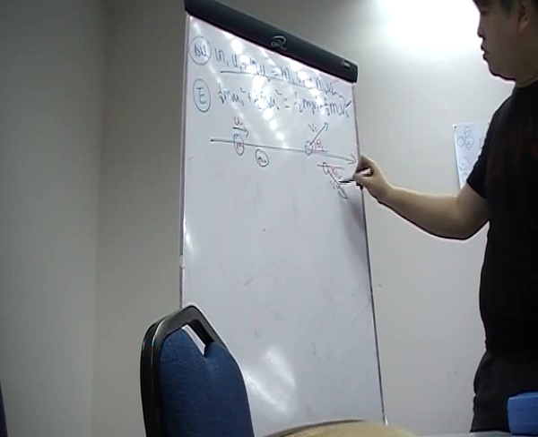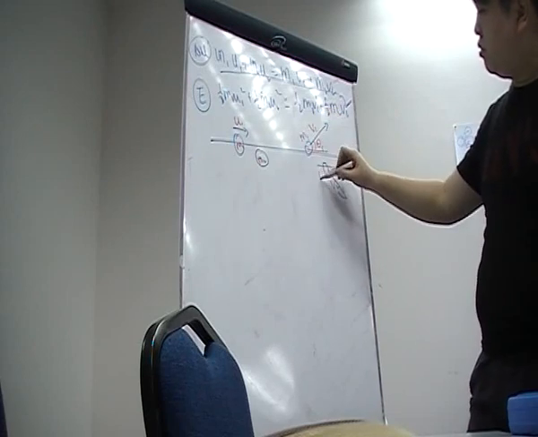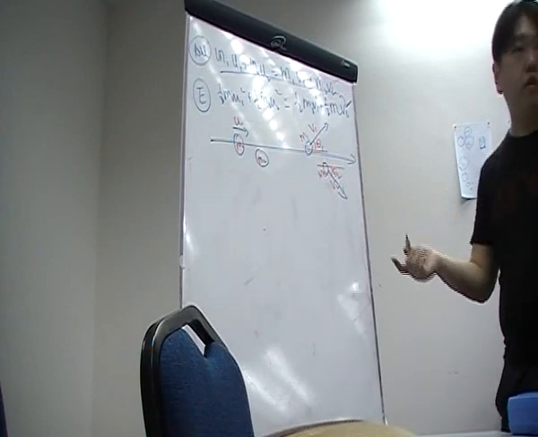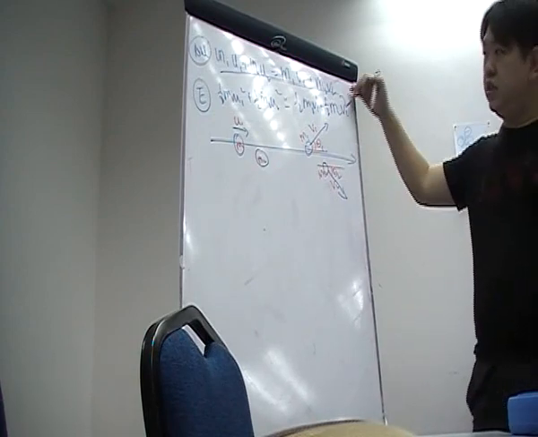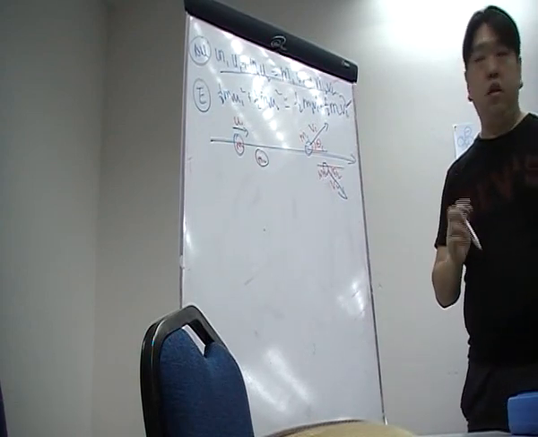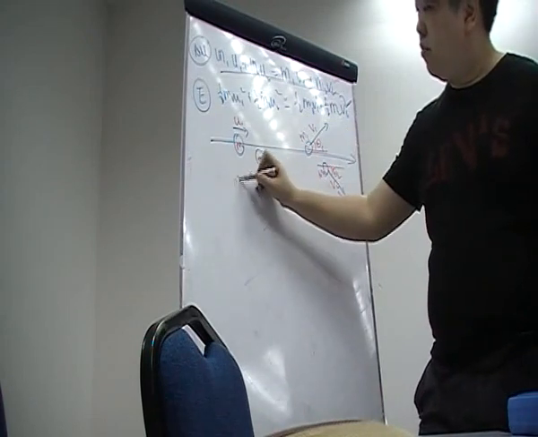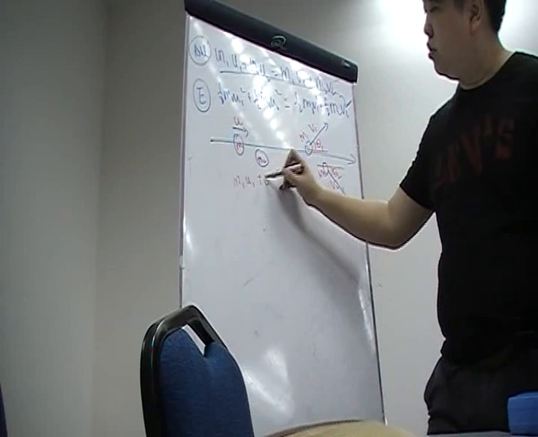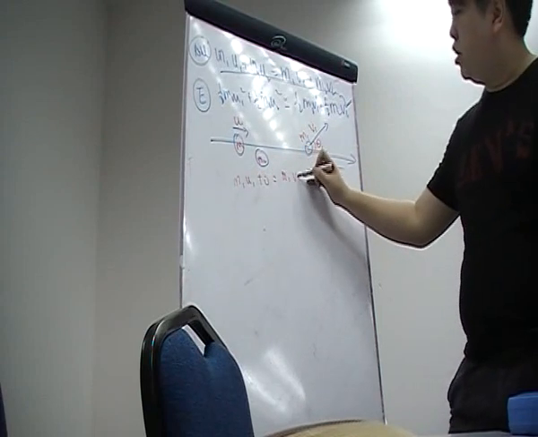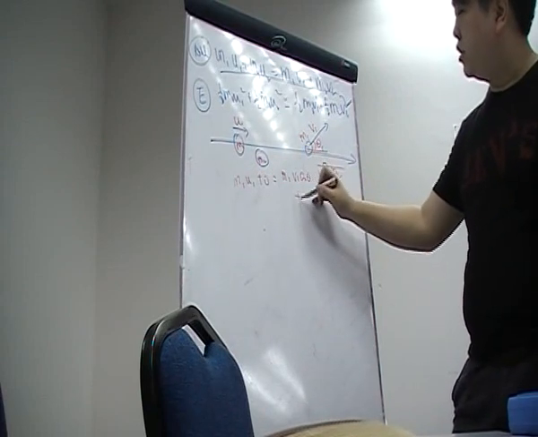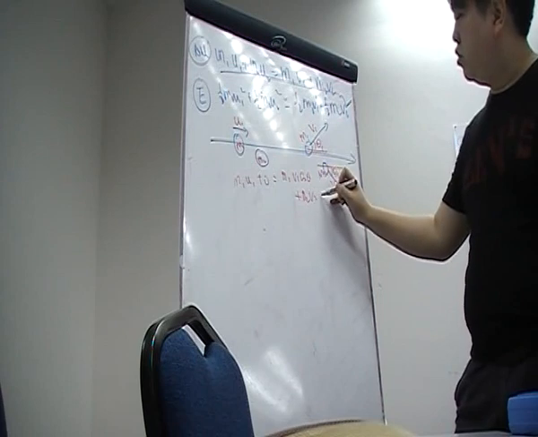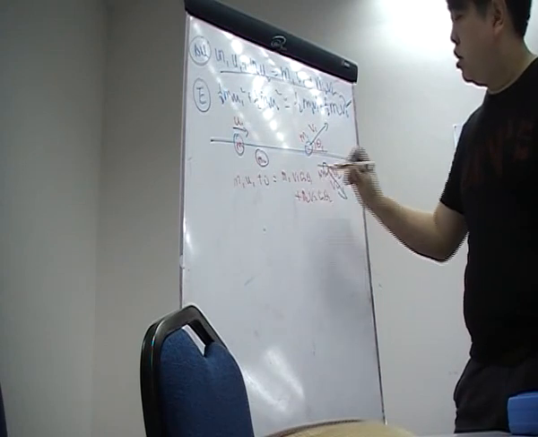You get two equations. Horizontally, m1 u1 plus 0 equals m1 v1 cosine theta 1 plus m2 v2 cosine theta 2.